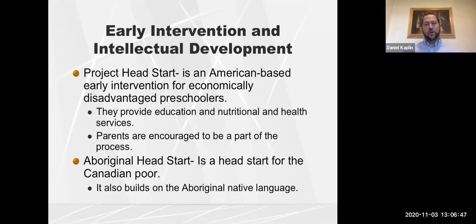So Head Start programs, pre-K, UPK or 3K, all of these programs in America are designed as a social intervention, an early intervention for families that are economically disadvantaged, so that in addition to getting education, they get nutritional services, they get health services, so that by the time children enter the classroom in kindergarten or first grade, they start out roughly the same. Parents are part of the process too. So all of a sudden you're building an infrastructure around the children.